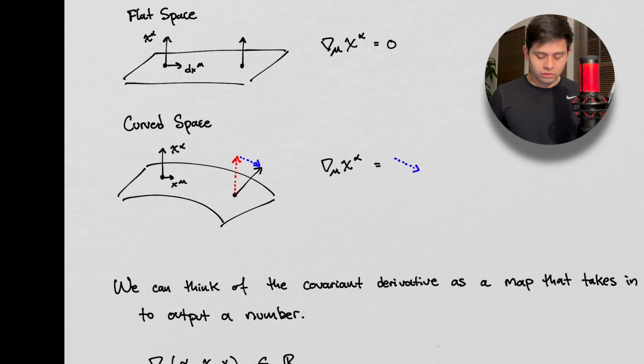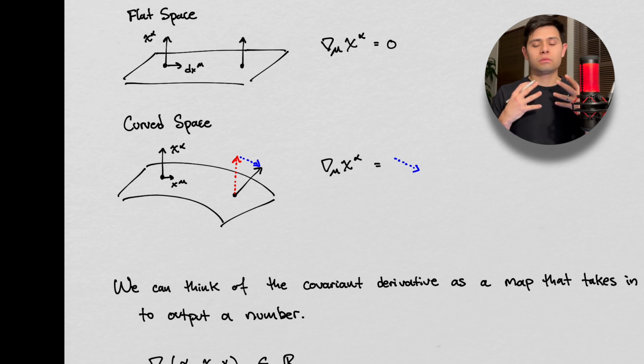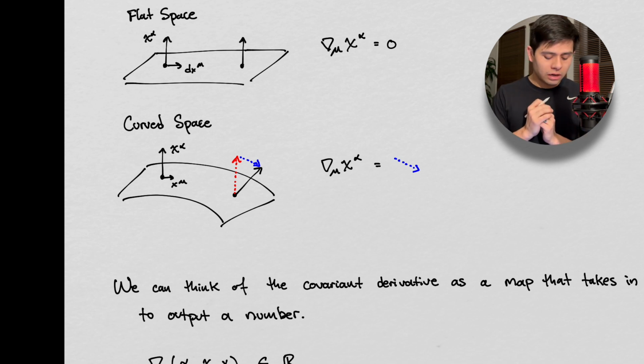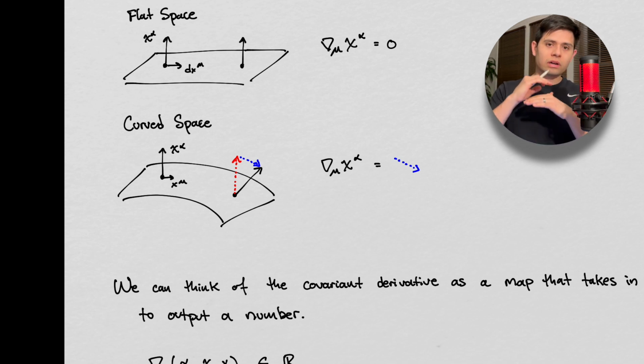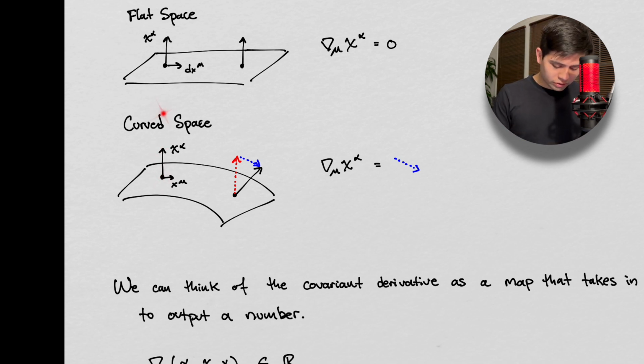In curved space, however, the story is a little bit different. Suppose we're always looking up. In the previous video, we always want to say you're always orienting your head upwards, and you're always looking up towards the heavens or whatever. But if you're walking on a curved space and you're always looking up, well, in one case you're going to be looking in this direction. If you're over here, then you're going to be looking off in this direction. So with respect to this vector, this direction's not up.